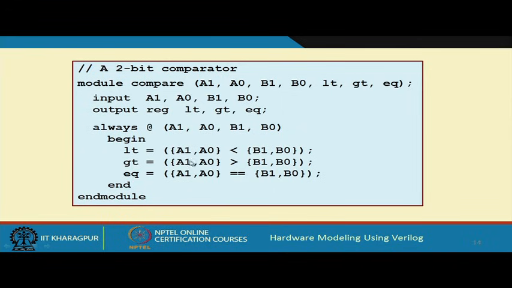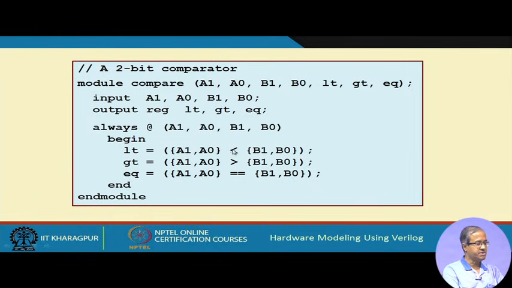If A1 A0 is less than B1 B0, if this condition is true, which means 1, that 1 will be assigned to LT. If this is greater than B1 B0, if this condition is true, that 1 will be assigned to GT, and this equality again if it is true, that 1 will be assigned to EQ.